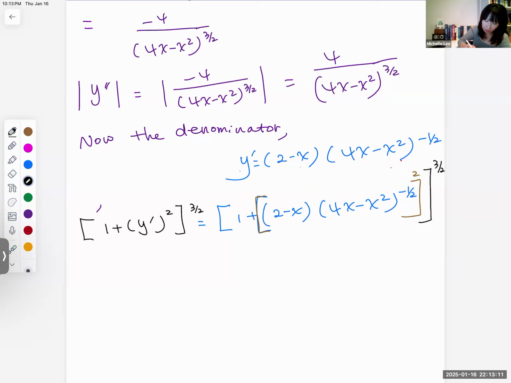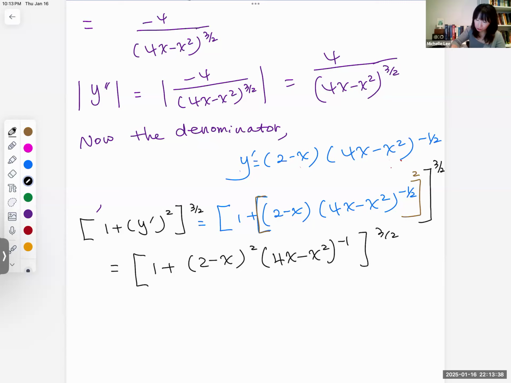So 1 plus 2 minus x squared over 4x minus x squared to the -1, and then the -1 power brought down is just +1, right? And 3/2.